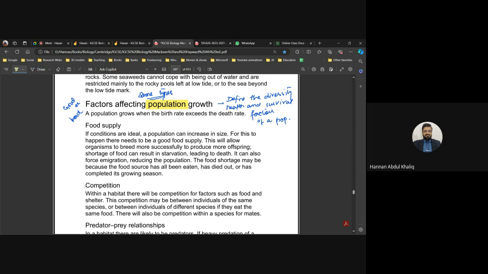They have also mentioned competition separately over here, but in reality food supply and competition go in parallel. If the food supply is good, they can breed more successfully. If the food supply is not good, then there would be forced emigration, or death, starvation would be there. The points that I'm highlighting may be the marking scheme words, so that is what I was telling you in the beginning, that you should be following this practice.